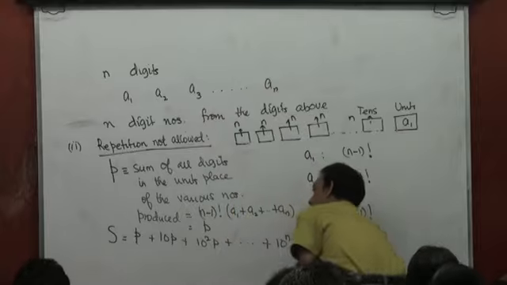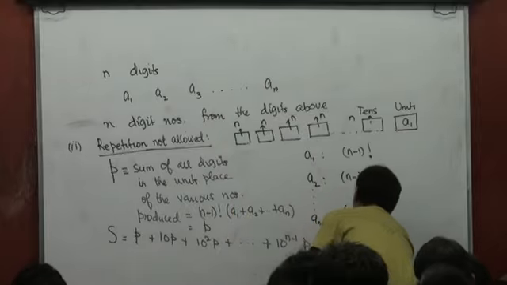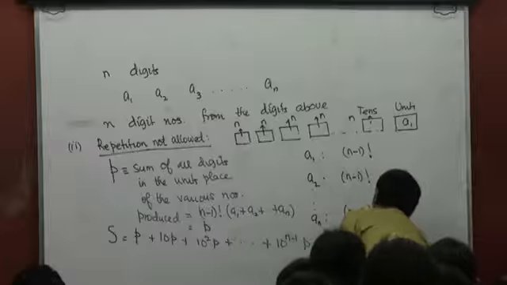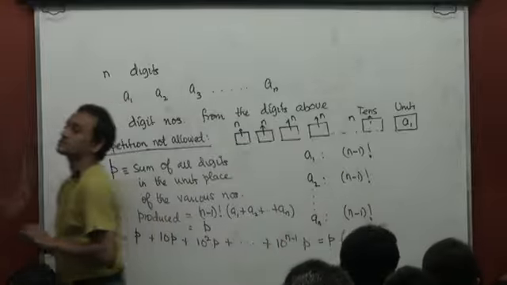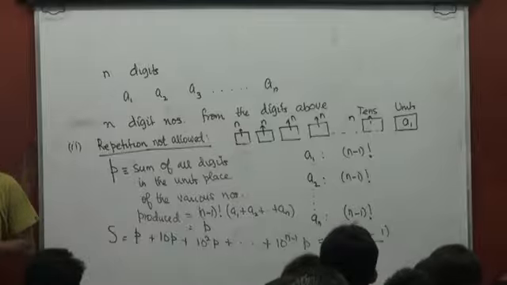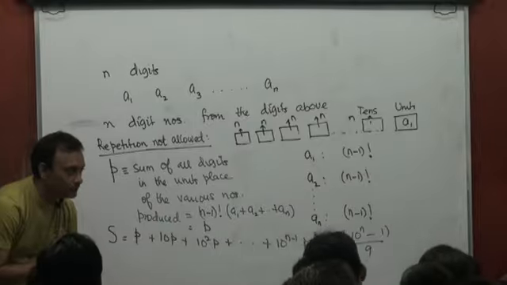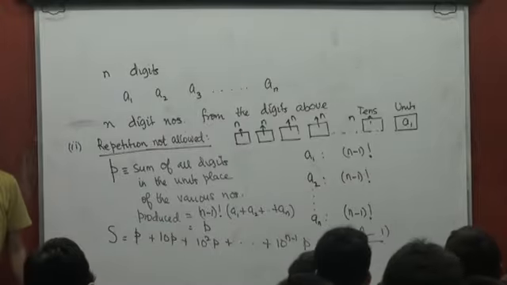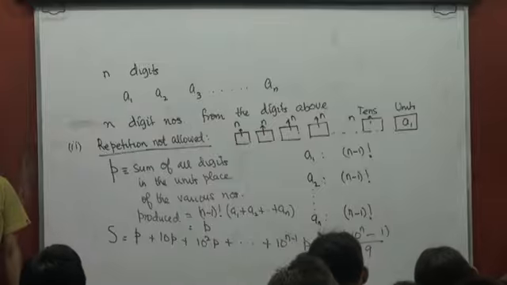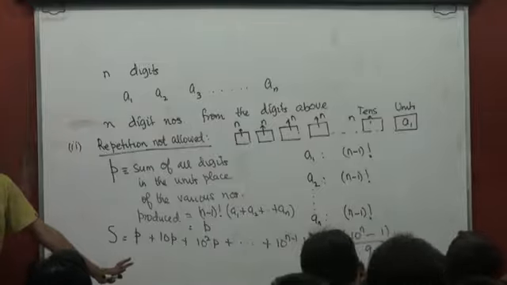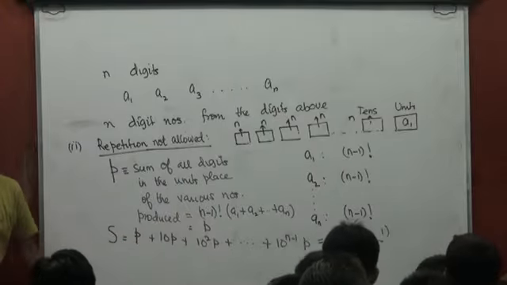Which is what? Which is P into 10 to the power n minus 1 divided by 9, sum of a GP series 10 to the power 0 plus 10 to the power 1 plus 10 to the power 2 plus 10 to the power n minus 1, etc. Clear? Make sense to all of you?